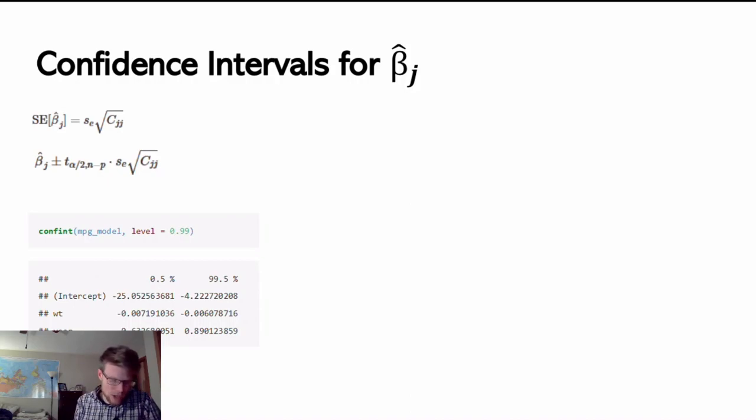Now, I do want to mention here this n minus p value. So our degrees of freedom now is not going to be n minus 1 necessarily, or n minus 2. It's going to be n minus p, where p is the number of parameters that we're working with in this model. So let me make a note here.